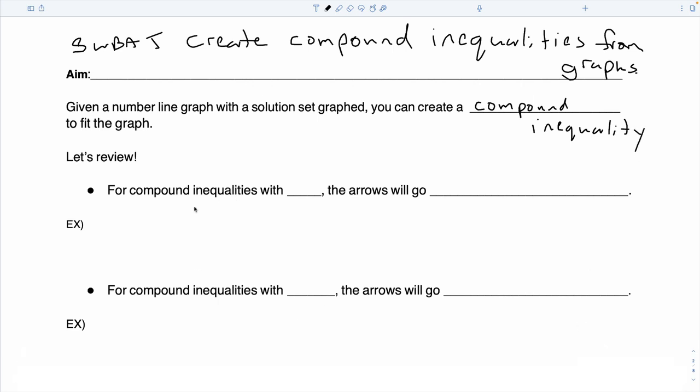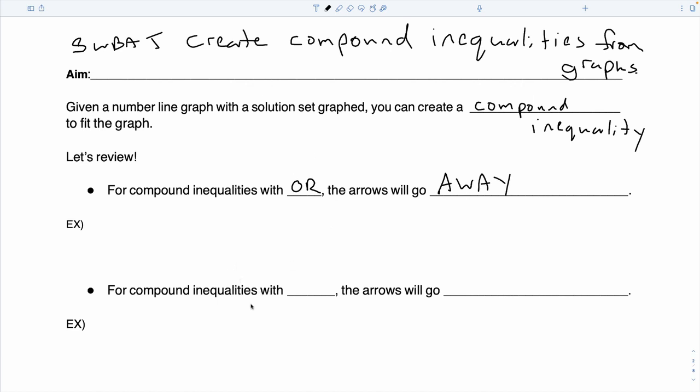Reviewing from yesterday, for compound inequalities with the or in the statement, the arrows will go which way? Away or together? Sarah? They will go away from each other. Every time you see that or, they will go away.